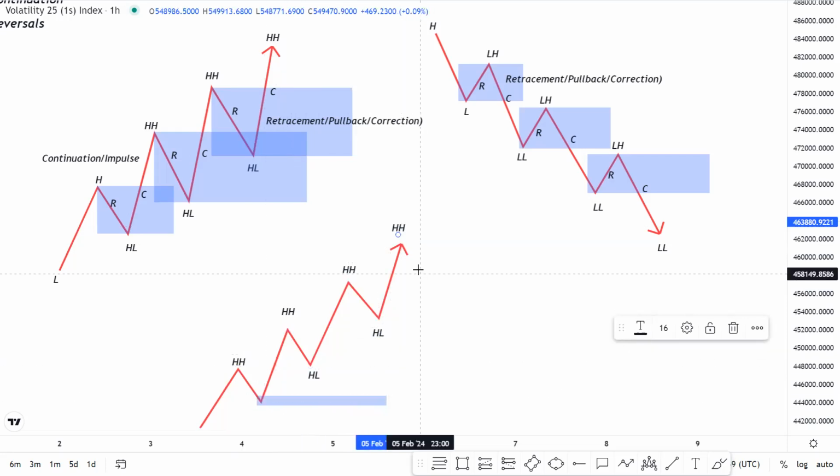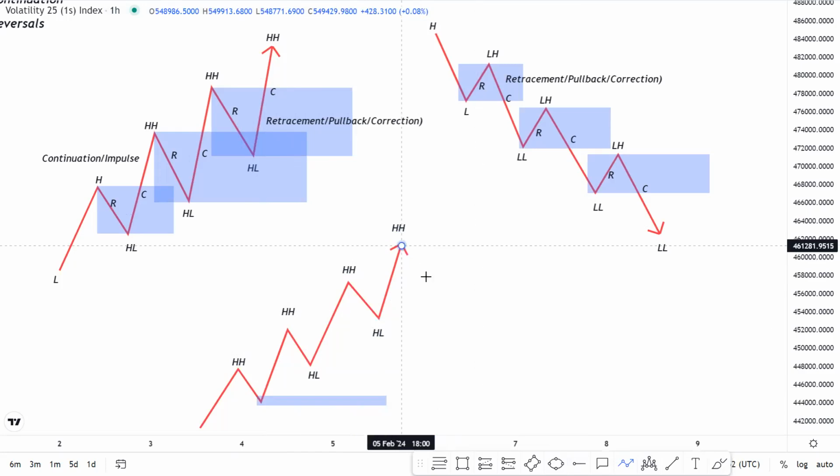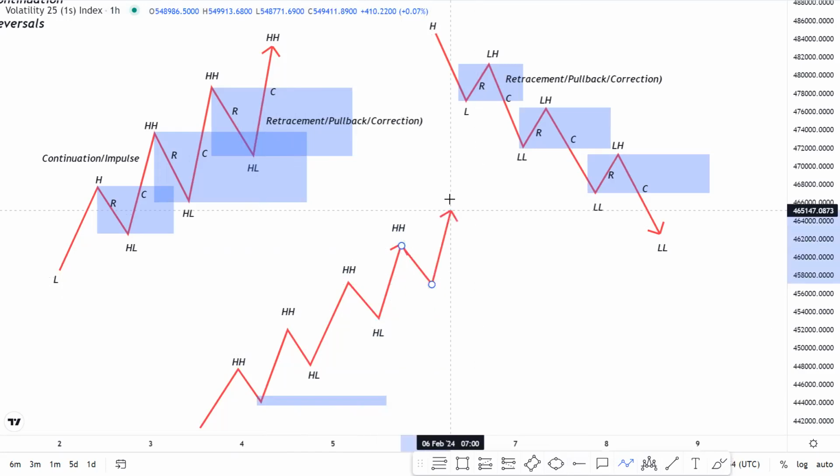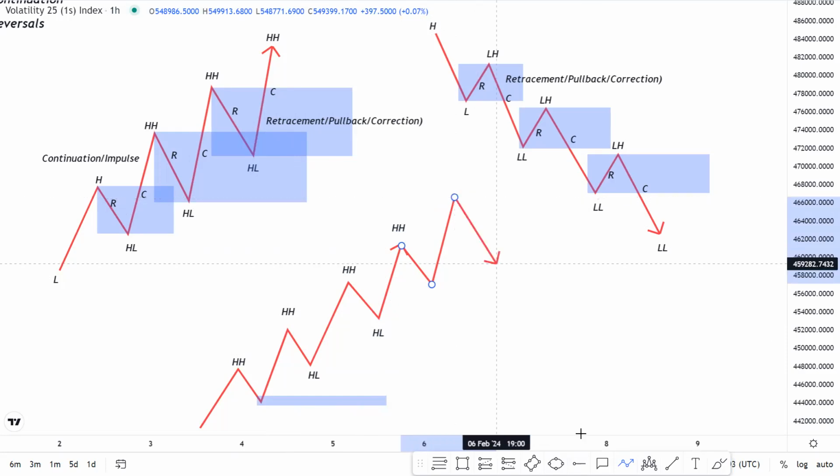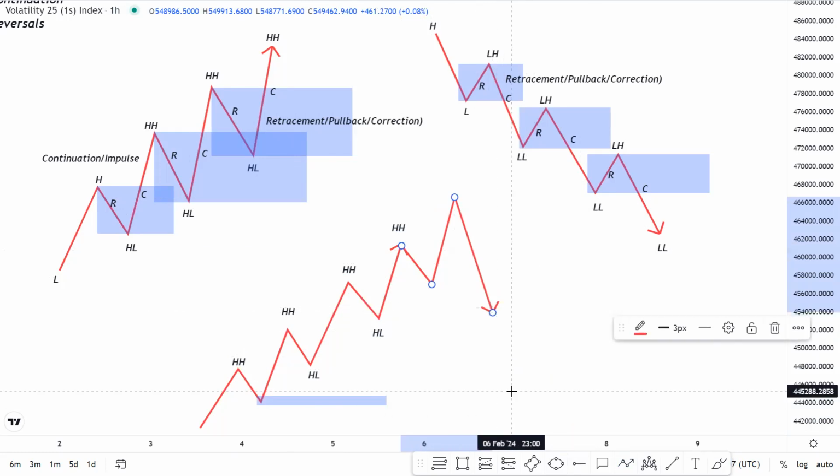And then price will keep heading to the upside until it gets to a point where there's a total change in the market direction to the downside.